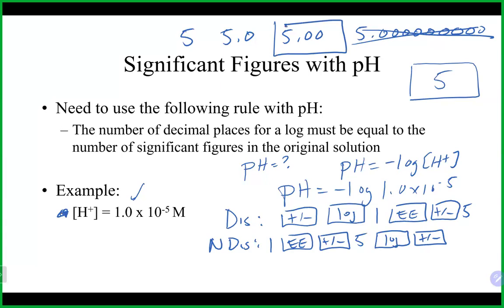And it is because when we look at the concentration, it has 2 significant figures. So 2 significant figures means not 2 significant figures in our answer, but 2 decimal places in this case. So again, we're going from significant figures to decimal places. And backwards would be the same thing, as I mentioned earlier, decimal places to significant figures. Any questions on that there?